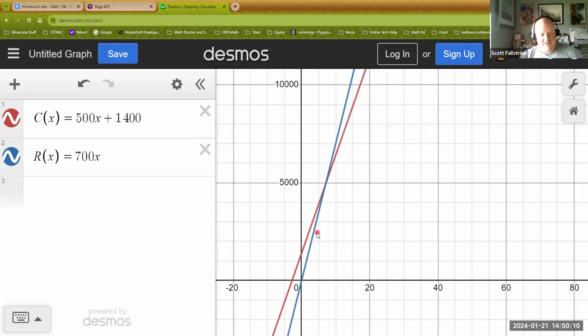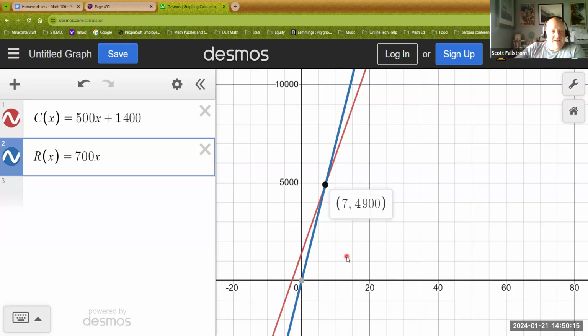Take a look at this, right? If I click on the line, there's a dot where they intersect. That's where the cost function hits the revenue function. And they're telling me it's when my input is 7. If you sold 7 bicycles, you'd have $4,900 in revenue.